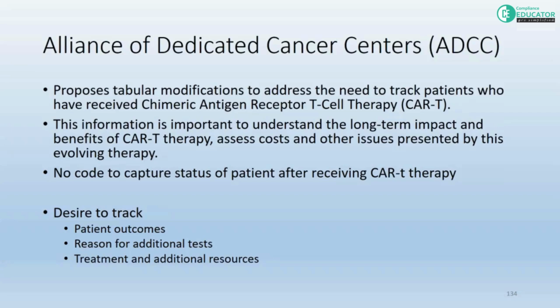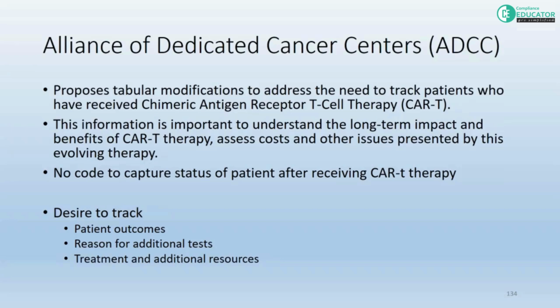The typical complications of the CAR-T therapy included cytokine release syndrome and/or neurotoxicity, which usually occurred in the first few weeks after receiving the cell infusion. Sometimes, however, the complications could occur post-discharge and could be the reason for additional medical encounters.